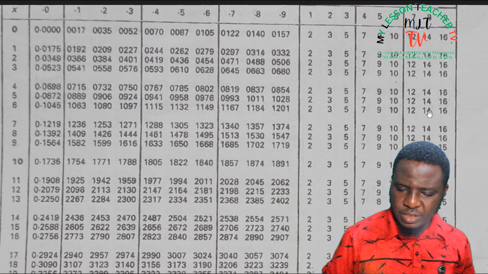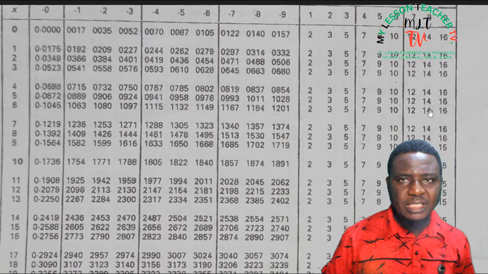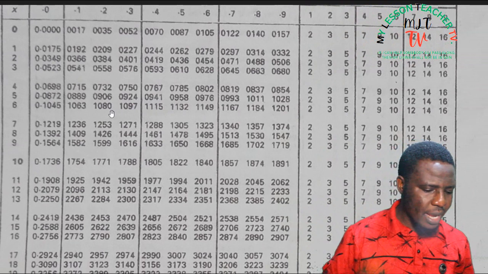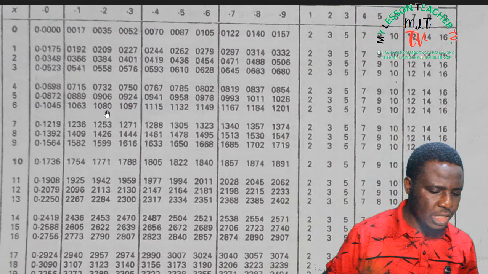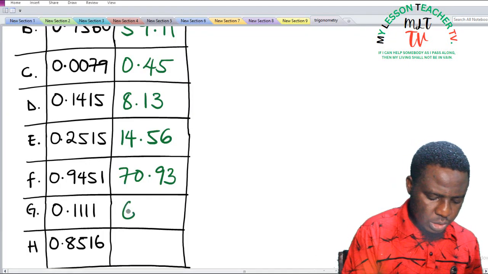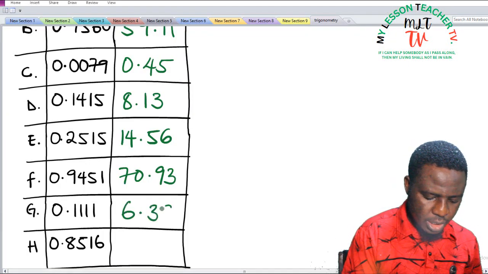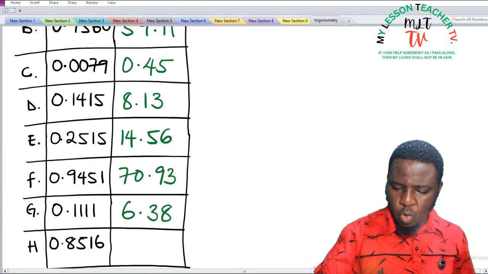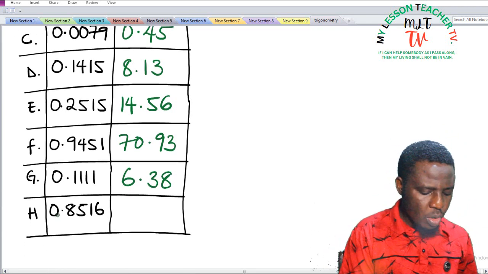Now trace to the difference table, and I have difference 8 giving me 14. So my answer then becomes 6.38. So this becomes 6.38.